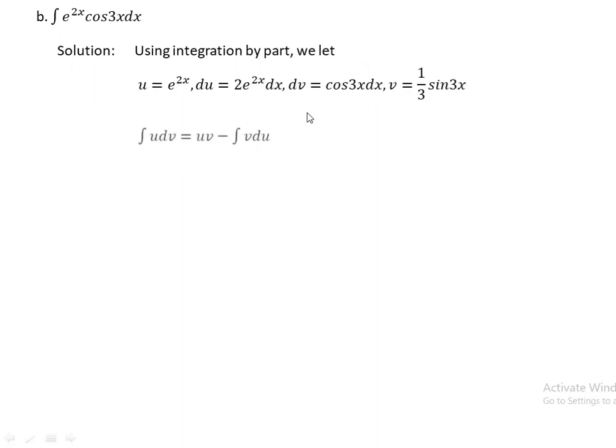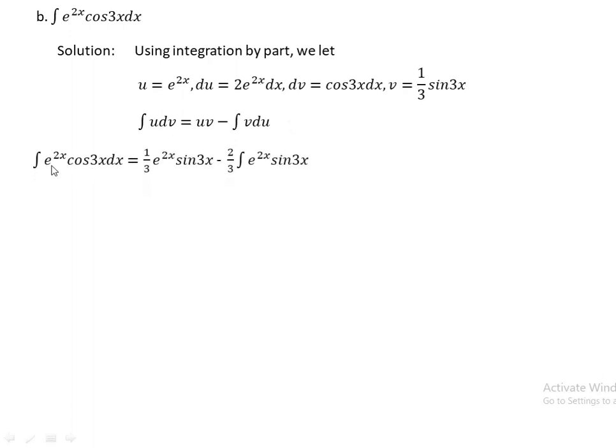And so using integration by parts, that means the integral of u dv is equal to u times v minus the integral of v du. And by substituting all of this information in this formula, we have that the integral of e raised to 2x cos 3x dx is equal to 1 over 3 e raised to 2x sine 3x minus 2 over 3 times the integral of e raised to 2x sine 3x dx.